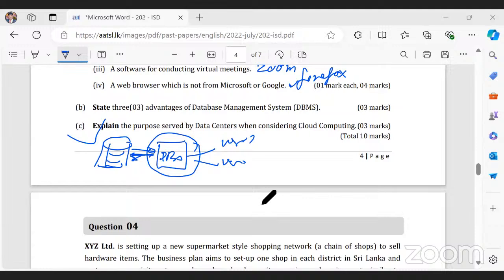Just storing data is not what data centers are. A data center has many other services. These data centers offer different types of services to their customers and clients. Anyway, in cloud computing, data centers are a must. The cloud totally depends on the data center.